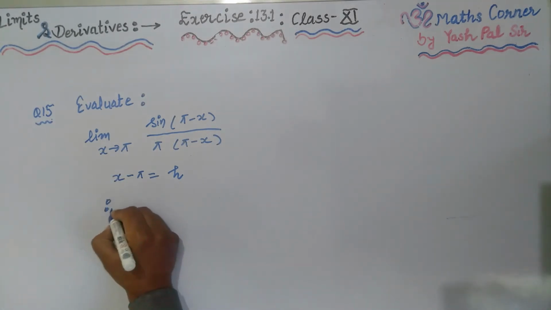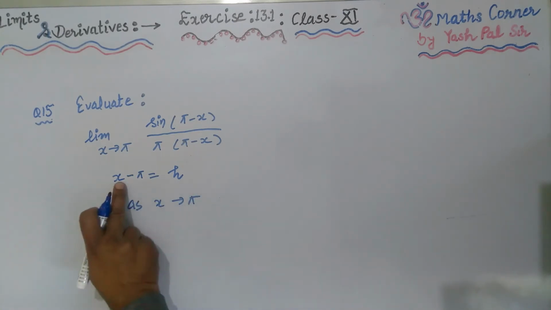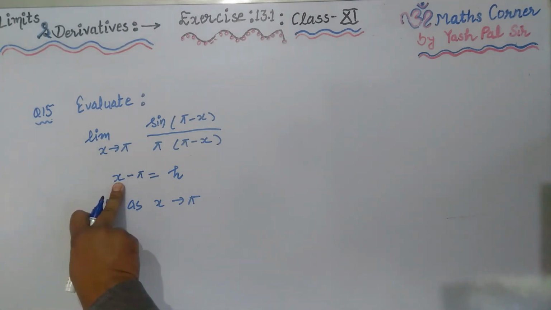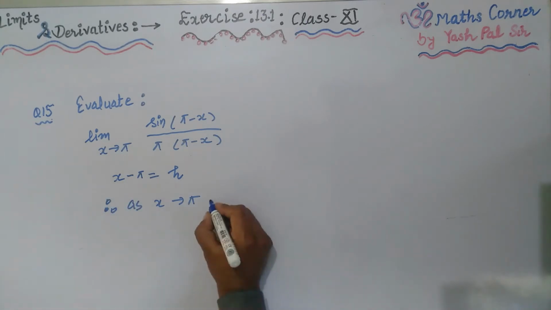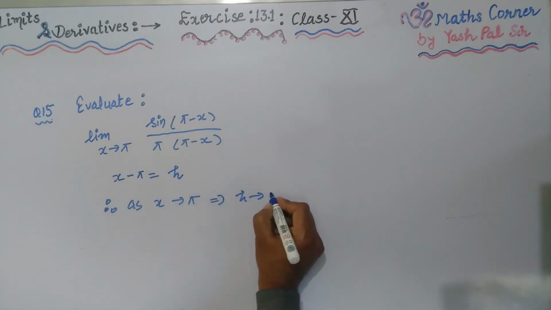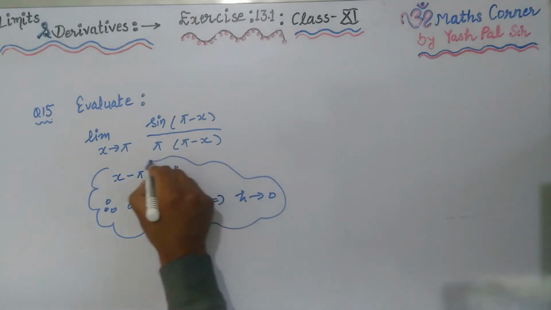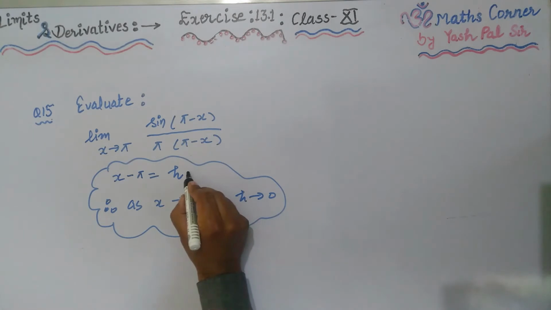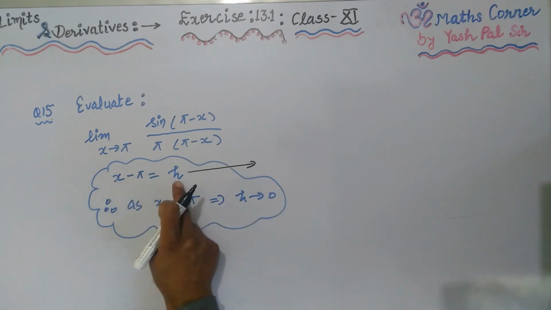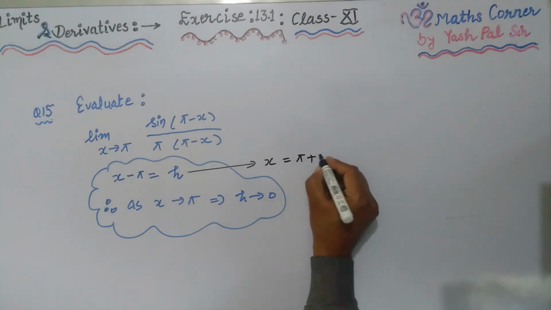Also, as x approaches pi, if in place of x we put pi, then h is equal to pi minus pi, which is 0. So this means h approaches 0. This substitution we shall apply to solve the question, right? We put x minus pi equal to h, it means x is equal to pi plus h.